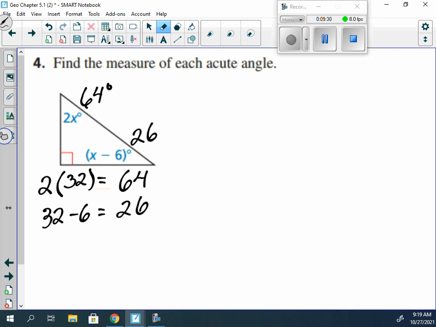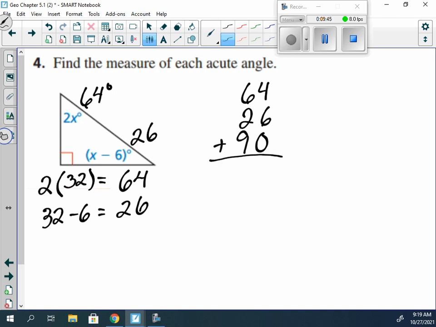And if we wanted to check it, we could say 64 plus 26 plus 90. I said 26 and wrote 29. Well, 6 plus 4 is 10, so 0 carry the 1. Well, 9 and 1 is 10. So do they add together to be 180? Yeah, that's it. Questions on this here?